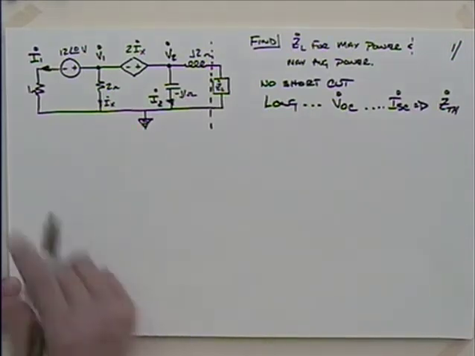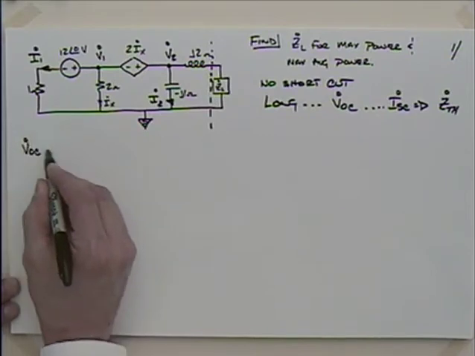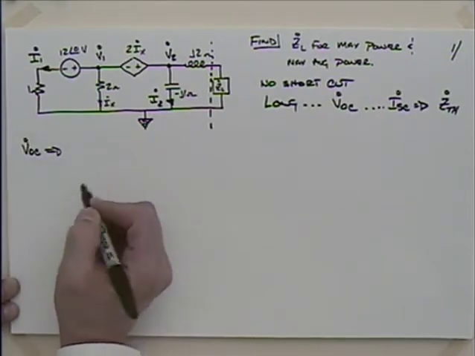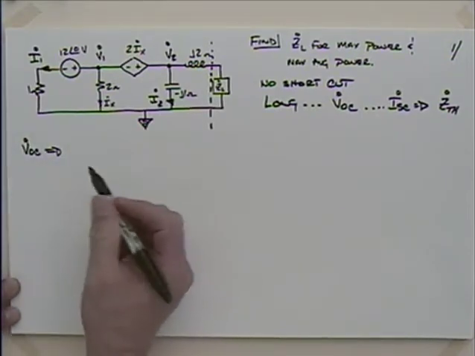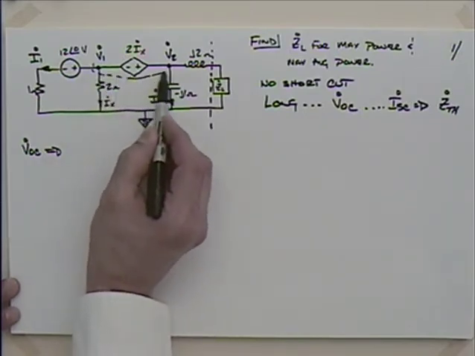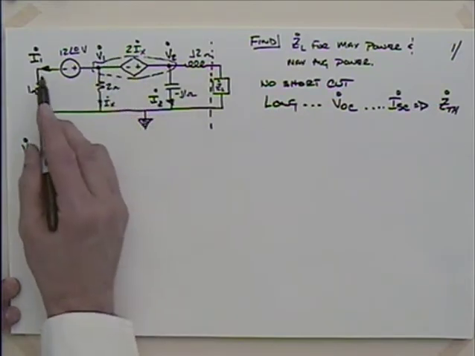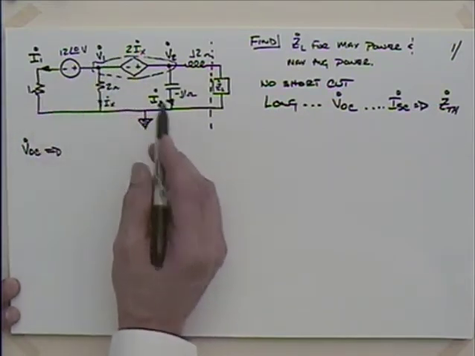Okay, so if I look at finding V open circuit, I would look at the equation. It's really a supernode equation, isn't it? I'm going to look at a supernode around here where I have I1 leaving, Ix leaving, I2 leaving.